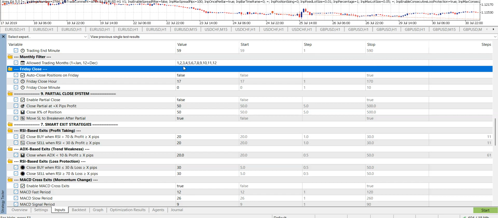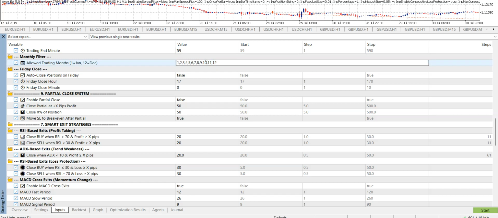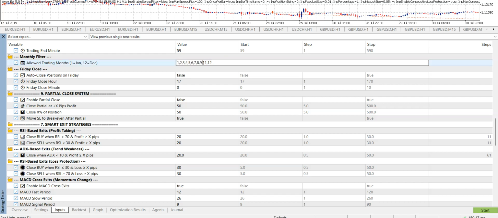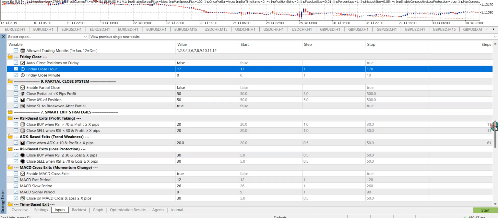So now we are trading all 12 months, but you can just delete, for example, October, and then it is not going to trade October. It's very simple. Now you just put it back and it is trading October. I think it is very intuitive. Let me know in the comments.